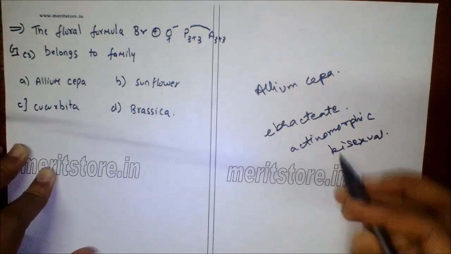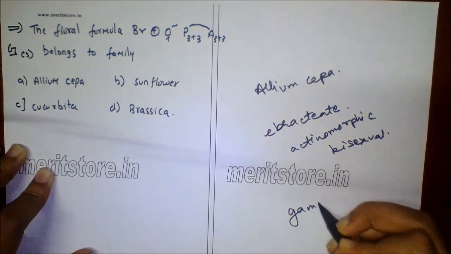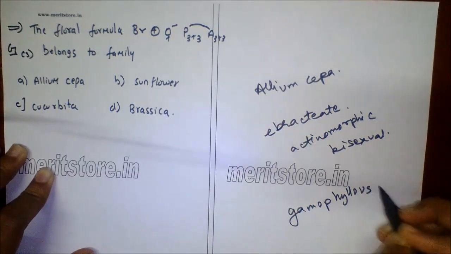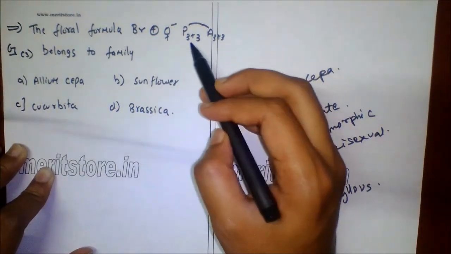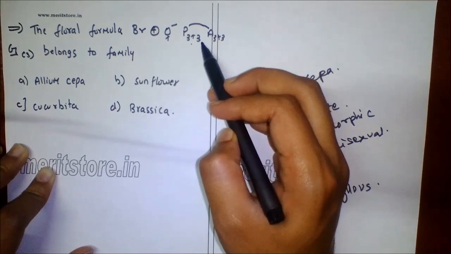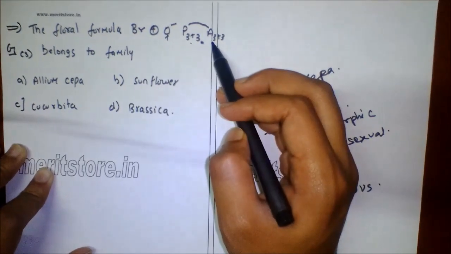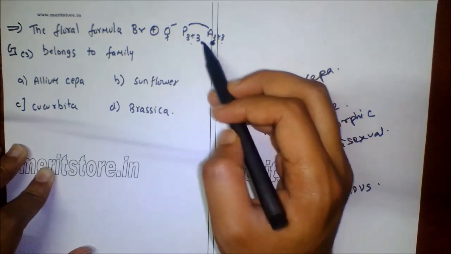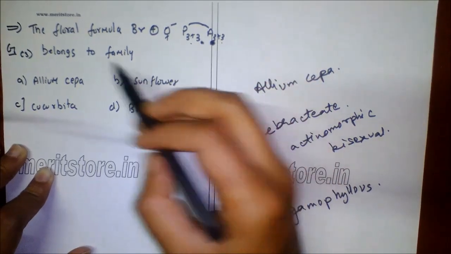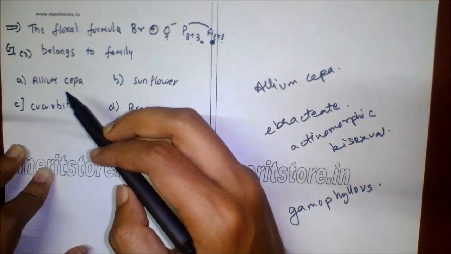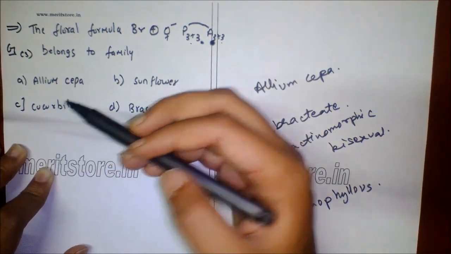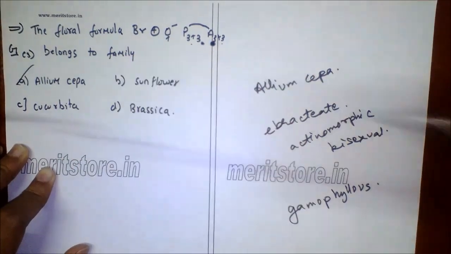Perianth is gamophyllous, arranged in 2 whorls, 3 of each. Androecium is polyandrous, epiphyllous, arranged in 2 whorls, 3 of each. And gynoecium is tricarpellary, syncarpous with a superior ovary. So option A is the correct answer.